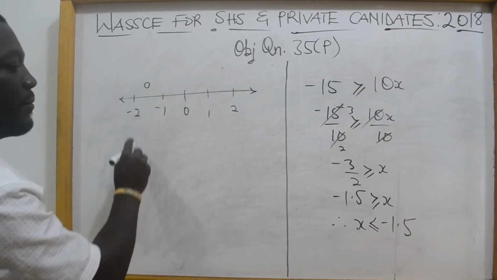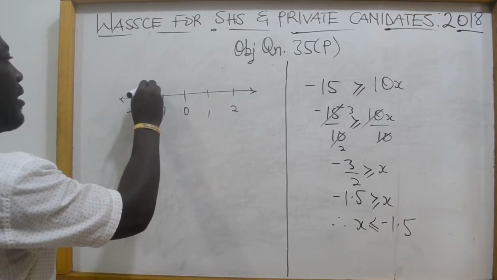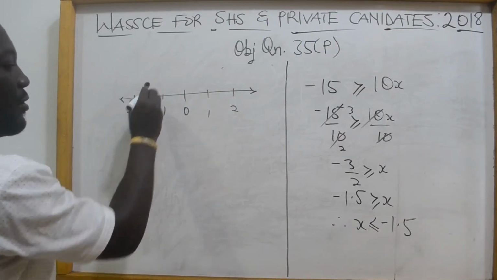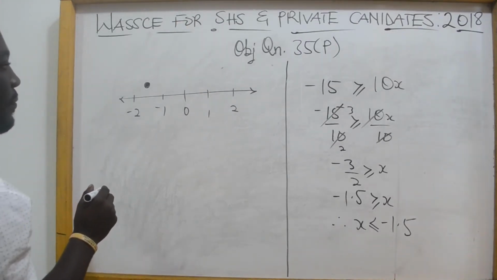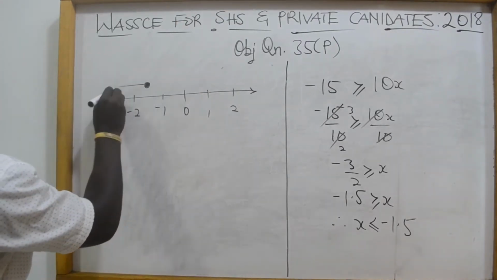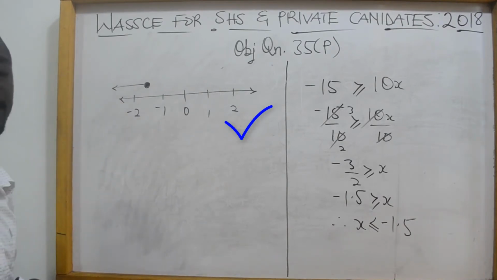Draw a nice circle there, but it is less or equal to, so we shade it nicely. And since the values of x are lesser than negative 1.5, the arrow will point to the leftward direction.